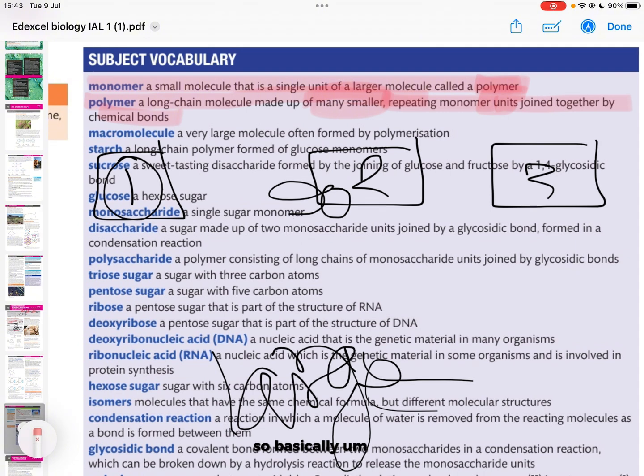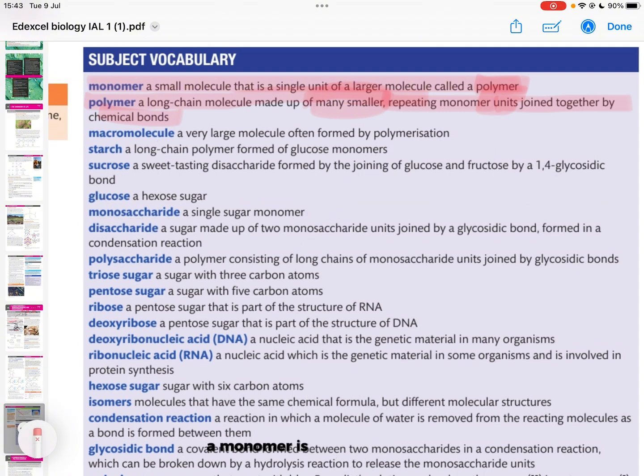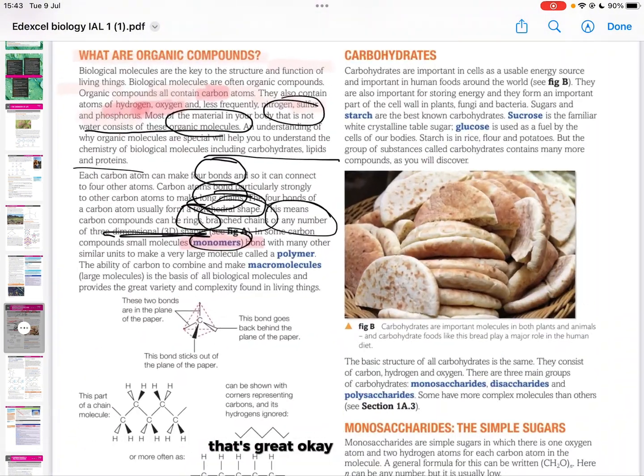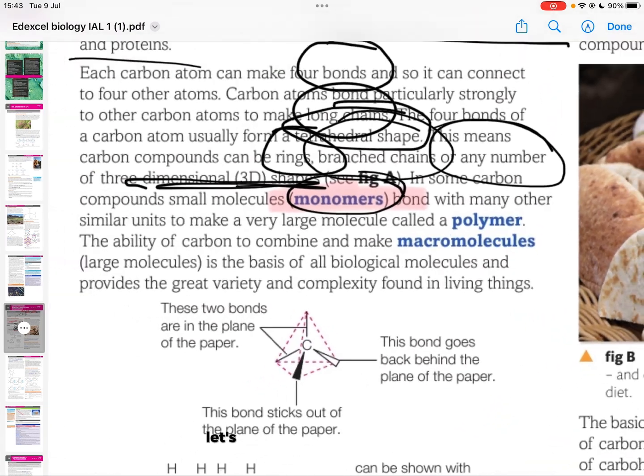So basically, a monomer is a small molecule that is a single unit of a larger molecule called a polymer, and a polymer is a long chain molecule made up of many smaller repeating monomer units joined together by chemical bonds. Okay, let's revise.